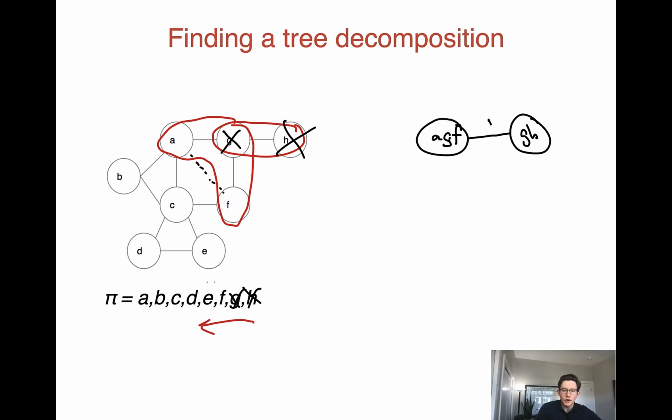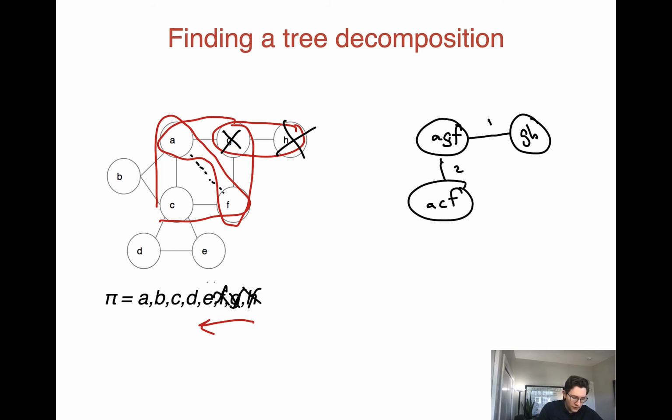We're just going to keep going with this. Next one's F. F is involved with 2 variables, just with C in the original graph, but since we added the fill-in edge, it also is connected to A. So that gives us a node A, C, F. That shares 2 variables.